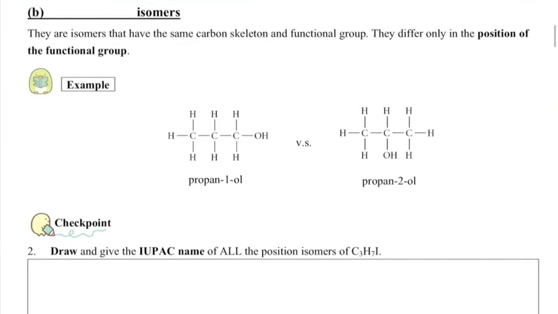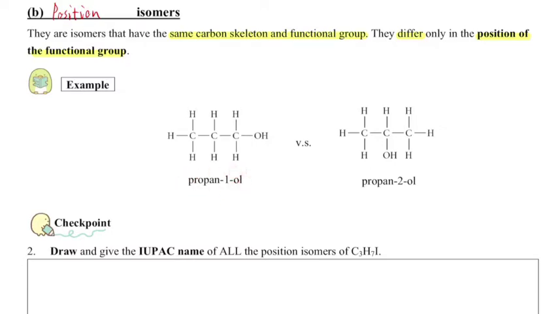The second type is called position isomers. In order to be position isomers, they must have the same carbon skeleton and functional group, but the position of the functional group needs to be different. Here we have an example. On the left hand side, we have propan-1-ol.